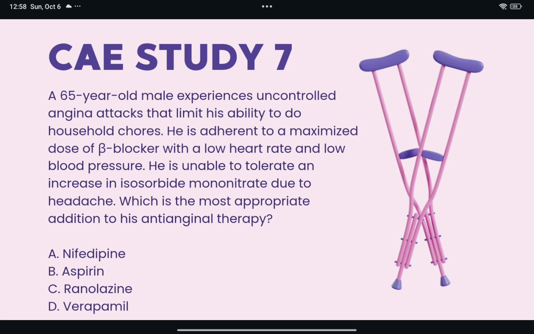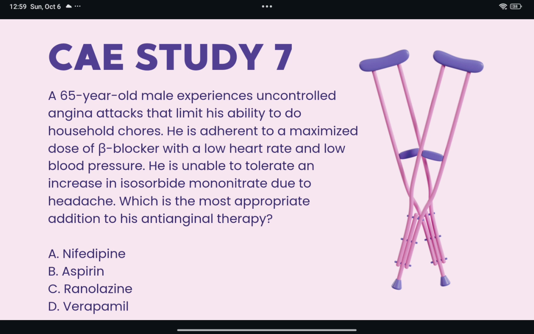A 65-year-old male experiences uncontrolled angina attacks that limit his ability to do household chores. He is adherent to a maximized dose of beta blocker with low heart rate and low BP. He is unable to tolerate an increase in isosorbide mononitrate due to headache. What is the most appropriate addition to antianginal therapy?